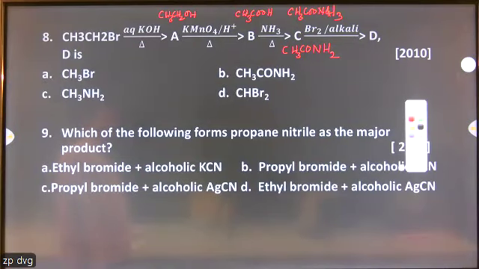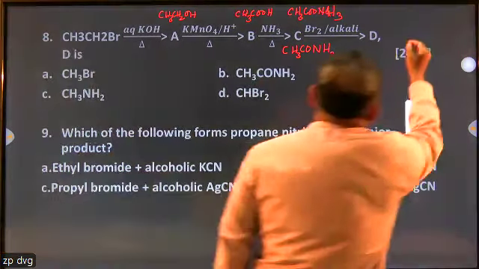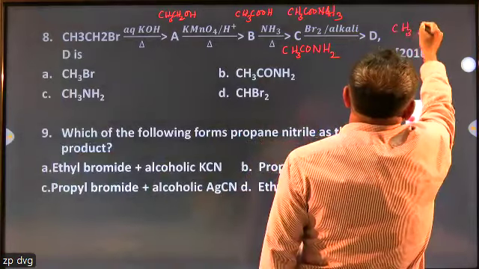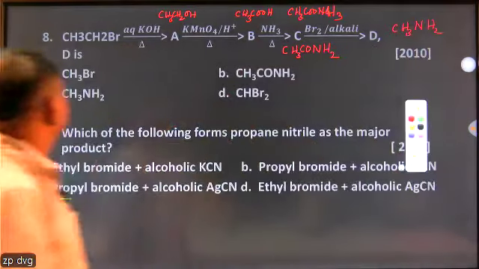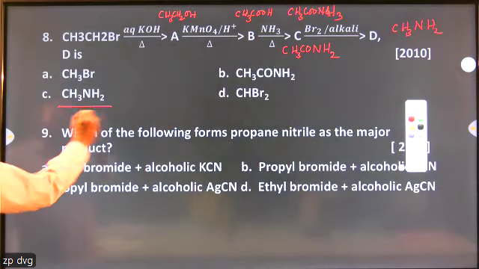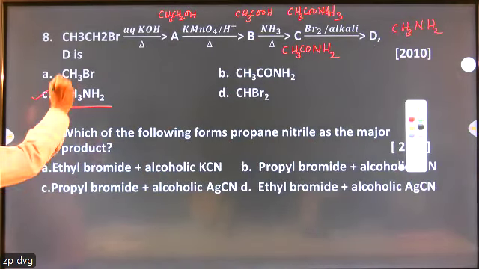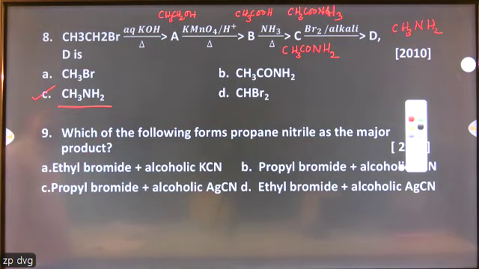So you get a primary amine, CH3NH2. So in this case, D is CH3NH2, methylamine or methanamine. So the correct answer is C.